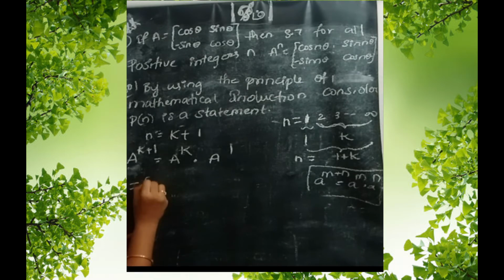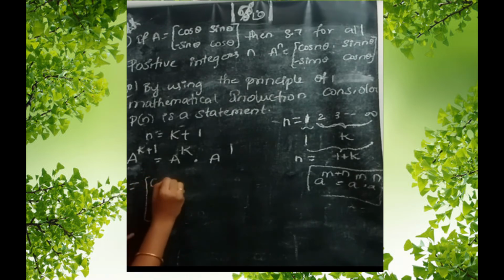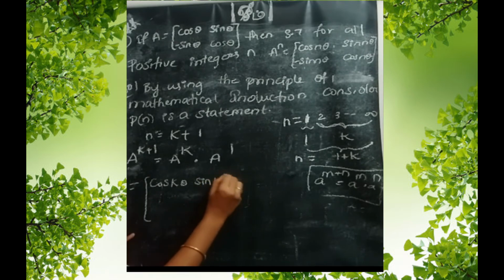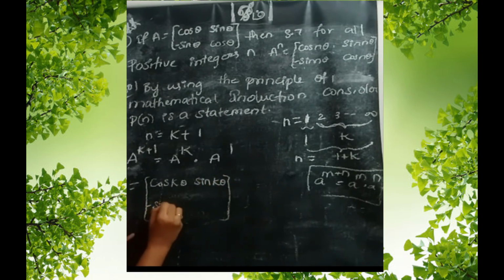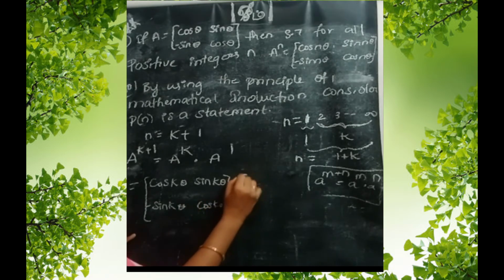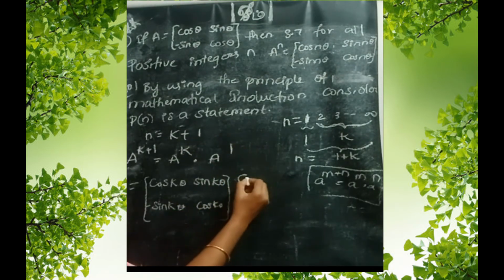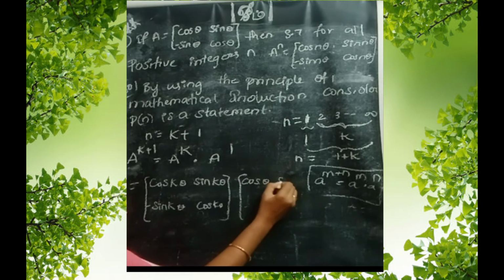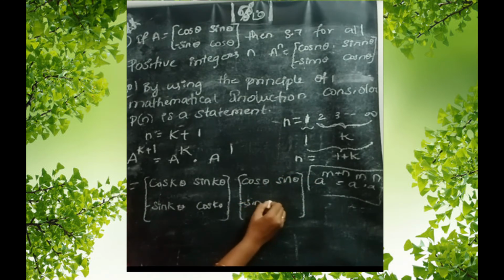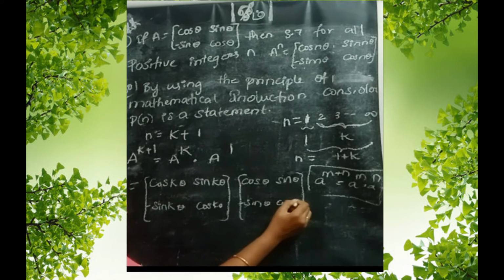Substitute in this. So cos k theta, sin k theta, minus sin k theta, cos k theta. And what is the value of A power 1? Cos theta, sin theta, minus sin theta, cos theta.